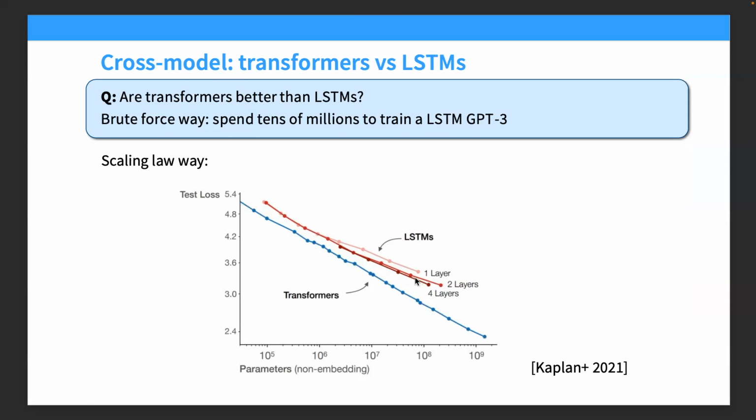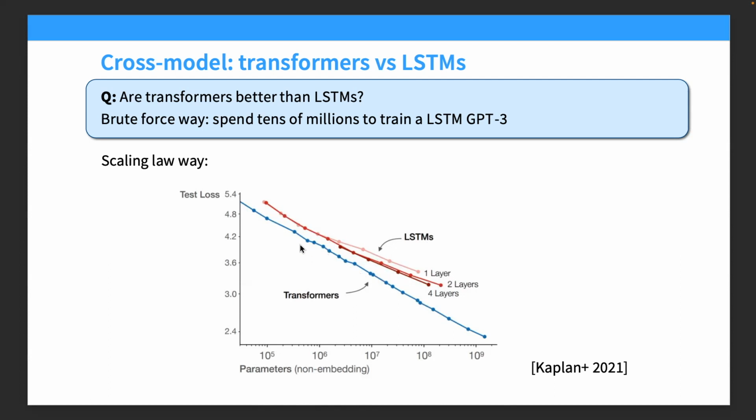The scaling laws way is to just train smaller models. You train small LSTM models and small transformer models, observe their test loss, and again detect a linear relationship.